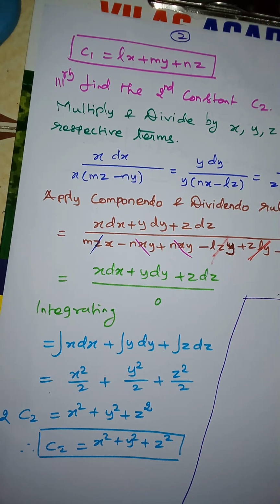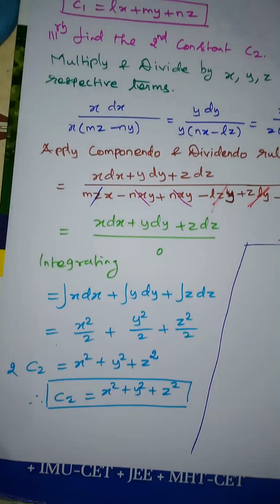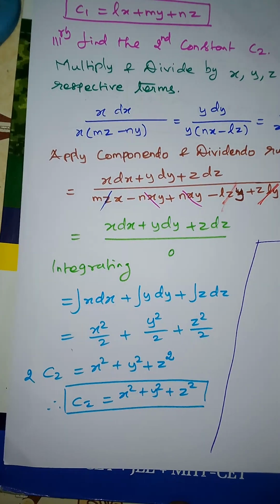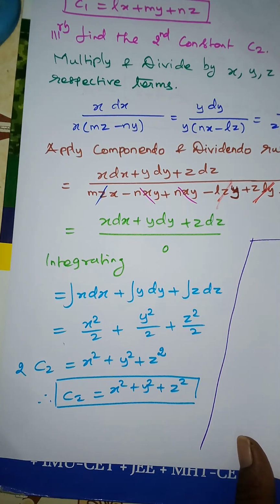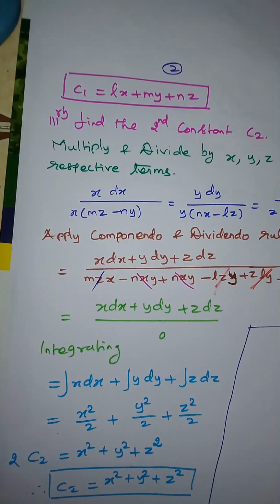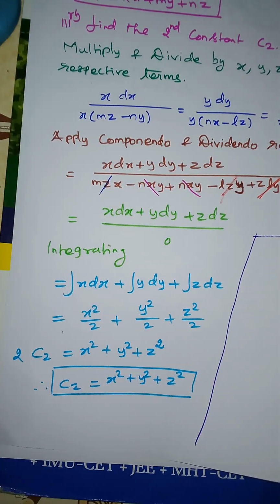Again I integrate: integral x dx plus integral y dy plus integral z dz. After integrating we get x squared by 2 plus y squared by 2 plus z squared by 2. I can take 2 outside on the right hand side, so the constant will be 2c2. Even though it is 2c2, the constant can be written simply as c2. So c2 equals x squared plus y squared plus z squared. Now we have two constants: the first one, lx plus my plus nz, and the second one, x squared plus y squared plus z squared.